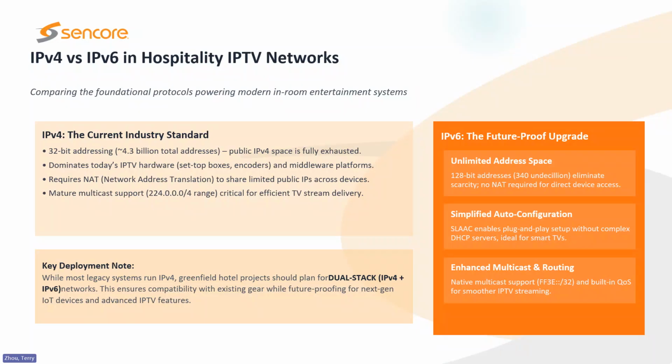Also, the multicast and routing make IPv6 video transmission more reliable and more secure for the network. So it's more suitable for IPTV streaming, for networks that require multicast and routing and network security premium service.